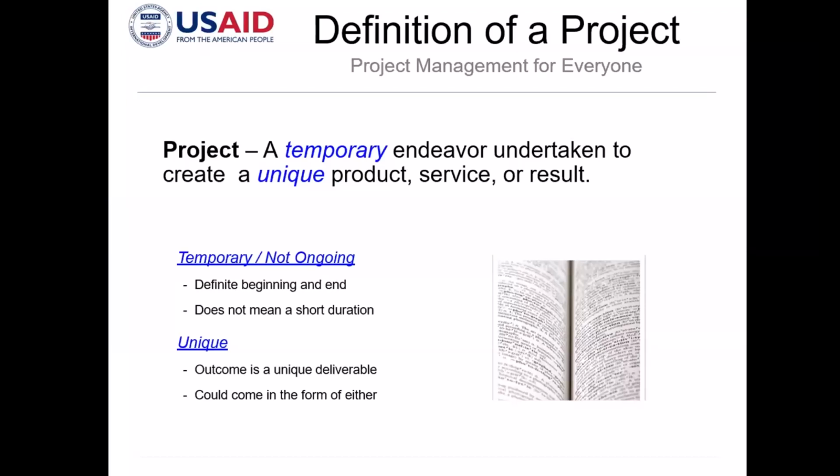So when you see a project, it should be a temporary undertaking. What do I mean by temporary? When a project comes to you, normally you have a beginning and it should end, right? A project could be of long duration, it could be short duration, but at least it should have a beginning and an end.